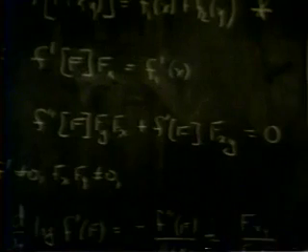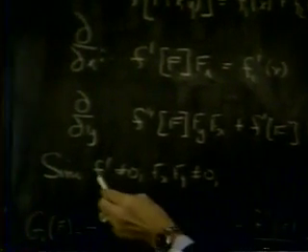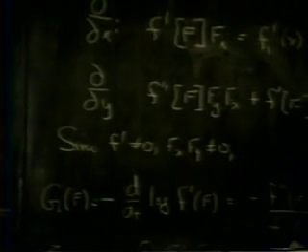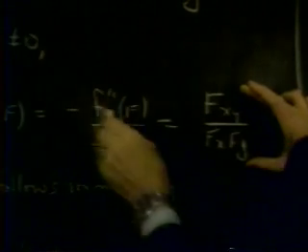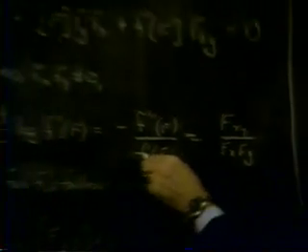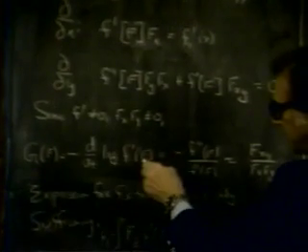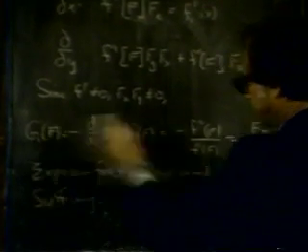And now I can rearrange this equation, which I can do because by my assumptions this is not 0 and this is not 0. So rearranging it, I get this term, this divided by that, is equal to minus this second derivative of f divided by the first derivative, which can be expressed as minus the derivative of the logarithm, and that's a function only of F itself.